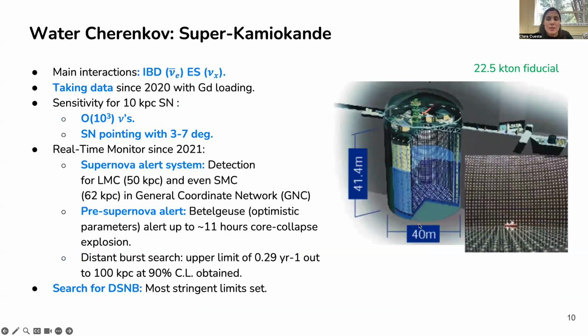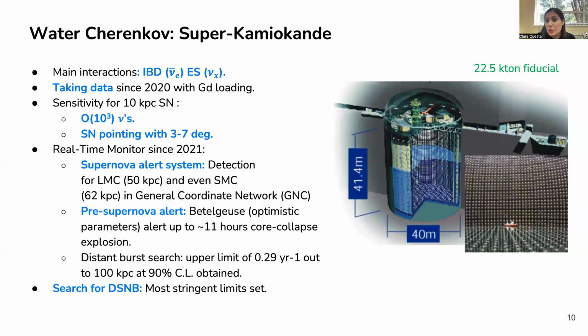Super-Kamiokande is a water Cherenkov detector of 22.5 kilotons of fiducial volume. It has been taking data since 2020 with gadolinium loading. Super-K is mainly sensitive to electron antineutrinos, and for a 10 kiloparsec supernova, it could detect on the order of thousands of neutrinos.